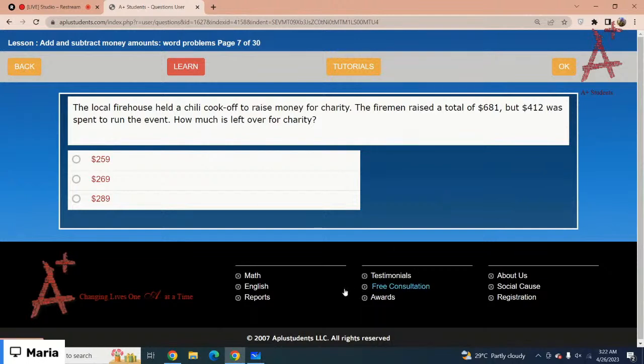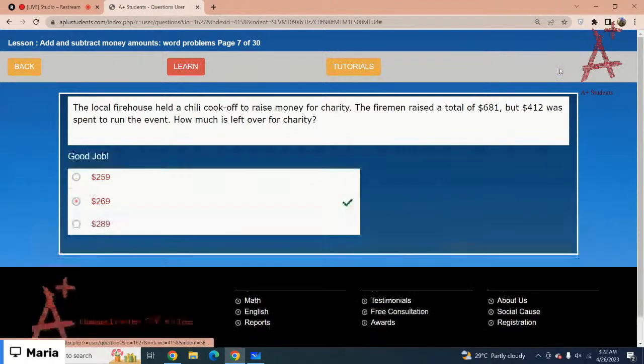How much is left over for charity? You have to subtract 681 minus 412. That would be 269. Very good. The correct option is 269.